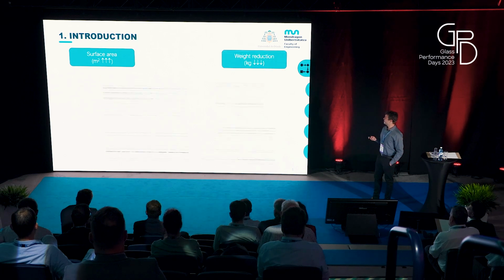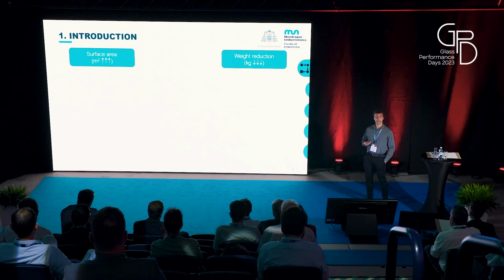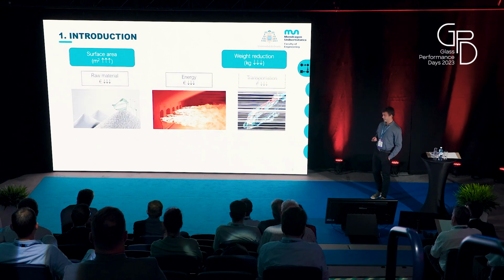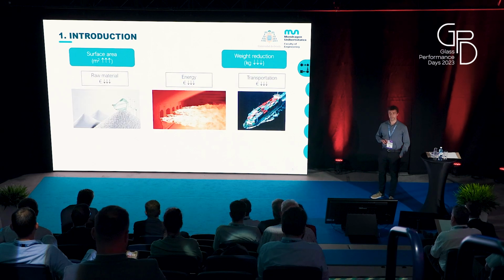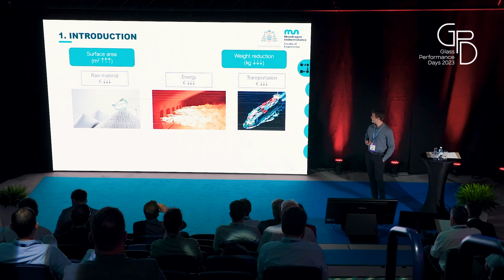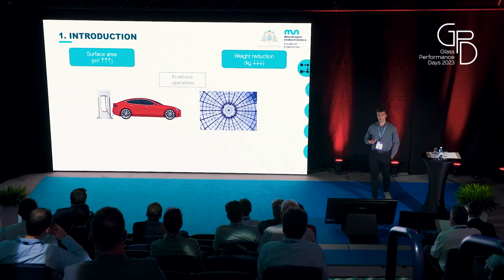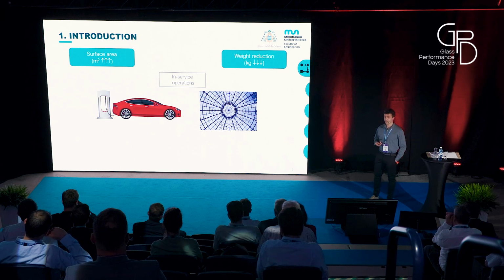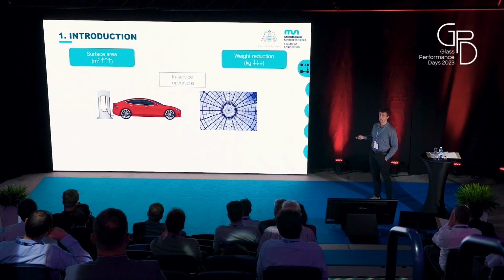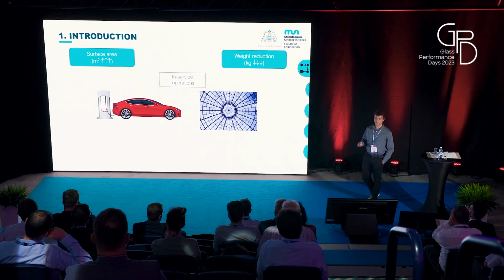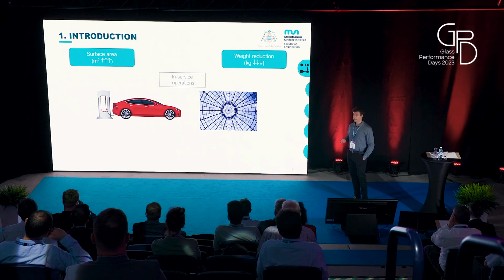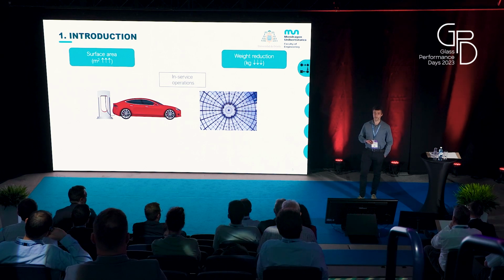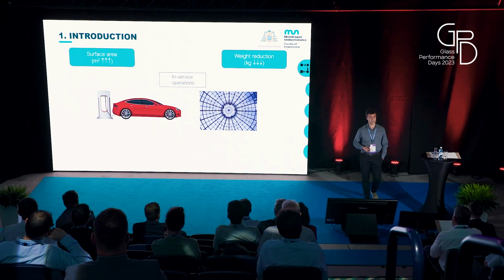Similarly, the glass industry is trying to reduce the weight of its components to decrease the cost of the raw material, energy, and transportation. Not only the glass industry, but also during in-service operations, decreasing the weight of the components means decreasing the energy consumption, for example, in electric vehicles, or selecting smaller frames to support those glass panes in the architectural sector.